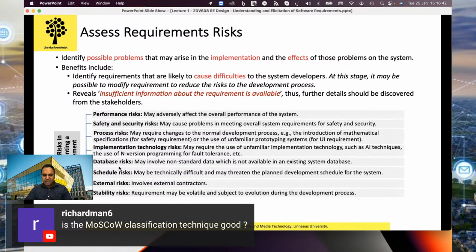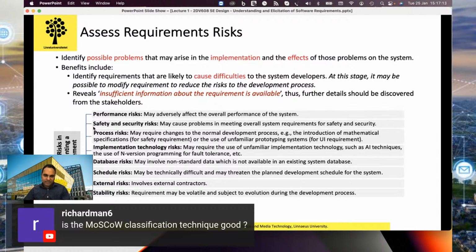Again, in the same fashion as requirements analysis, you should do this risk assessment for individual requirements and then make an overall judgment for each individual requirement. So here I have 8 risks. Each of those 8 risks should be assessed for each of the requirements, and then you can do an overall risk assessment for each requirement.